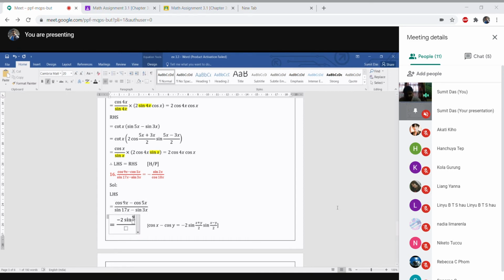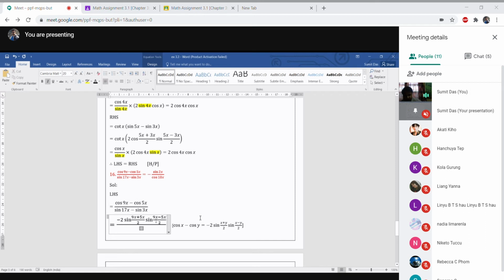It's 9x, so it will be (9x plus 5x) divided by 2. Then sine of (x minus y). I'm just copy pasting. So it will be minus, divided by sine 17x minus sine 3x.